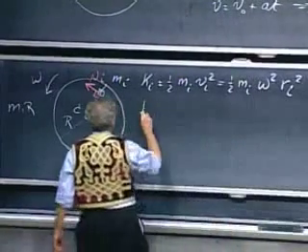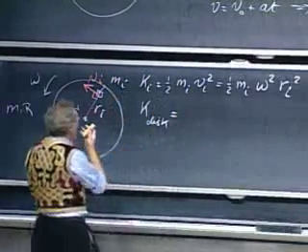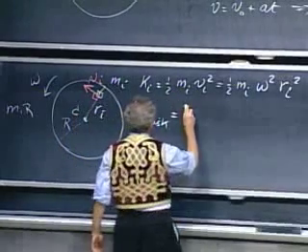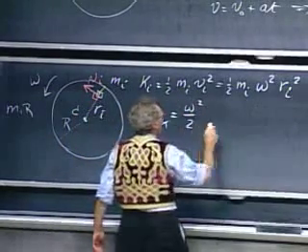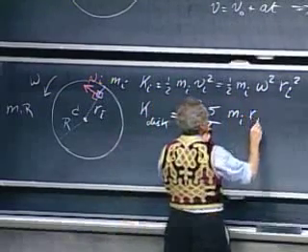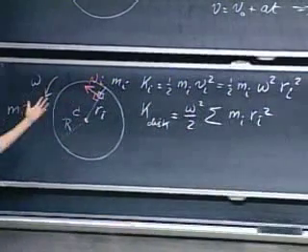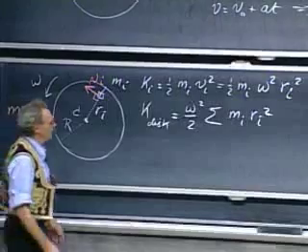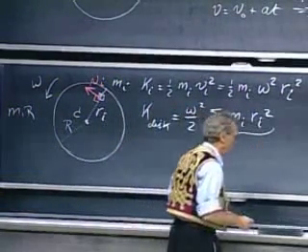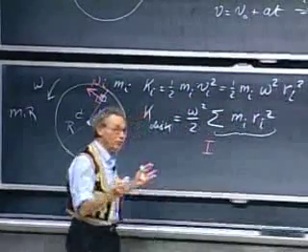So what is the kinetic energy of rotation of the entire disk? We have to make a summation. That is omega squared over 2 times the sum of m of i r i squared over all these elements m i, which each have their individual radii r i. This is what we call the moment of inertia I. Don't confuse that with impulse, it has nothing to do with impulse.